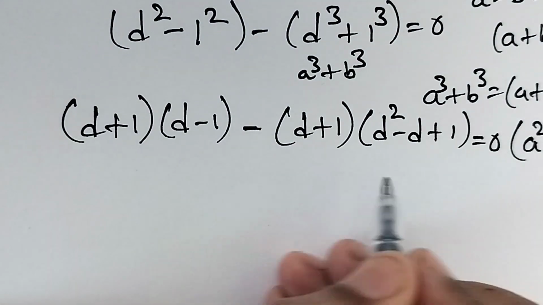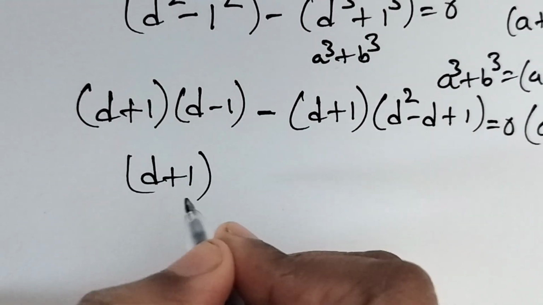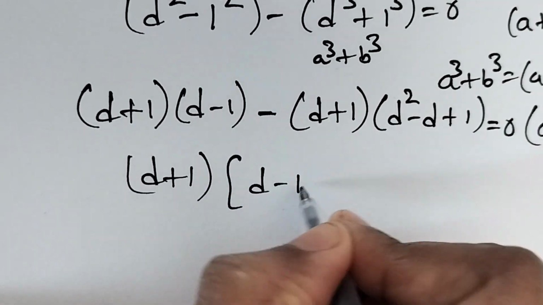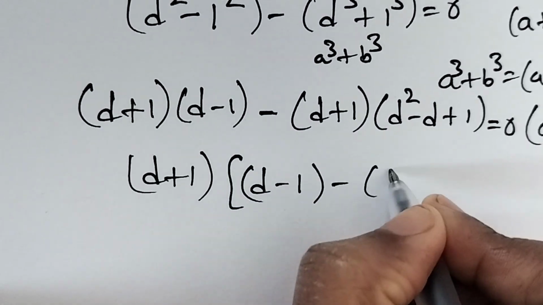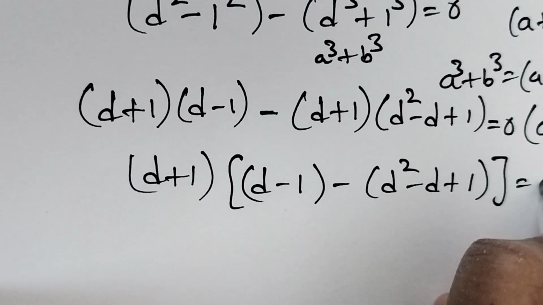Now in these two terms we have a common factor, that is d plus 1. So we are taking out d plus 1 as a common factor. Here we will get d minus 1 minus d square minus d plus 1 is equal to 0.